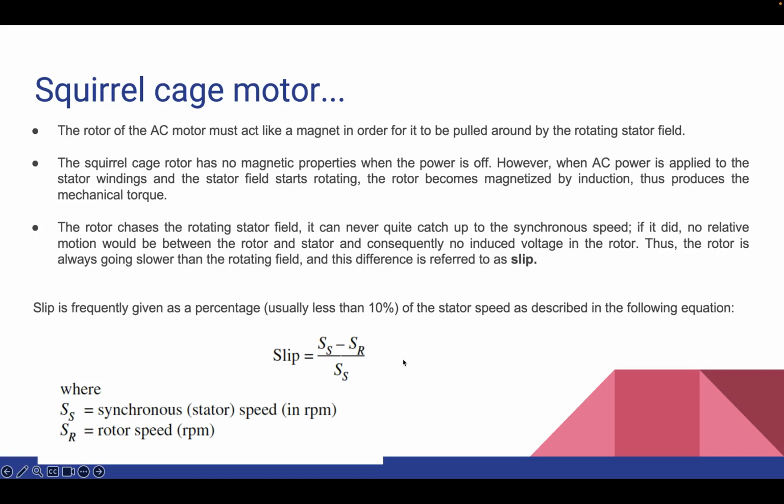If multiplied by 100, it is represented as a percentage. In most cases, slip values for the squirrel cage motor are relatively low, typically less than 10%, which ensures efficient motor operation while maintaining the necessary relative motion between the rotor and the stator to induce the required voltage and generate mechanical torque.